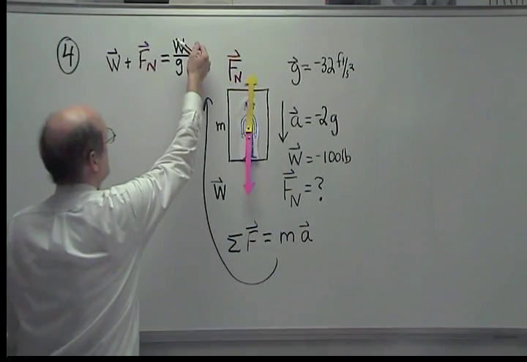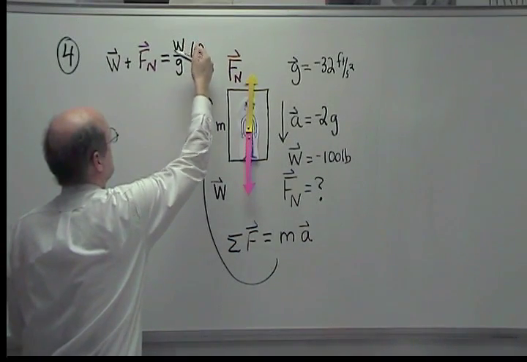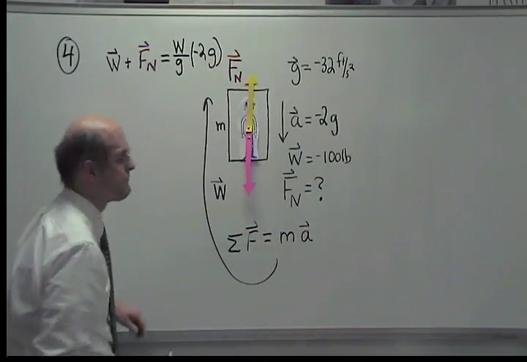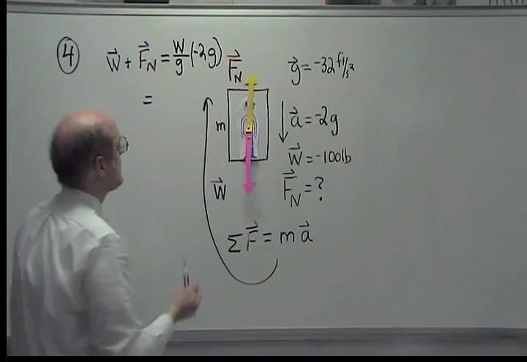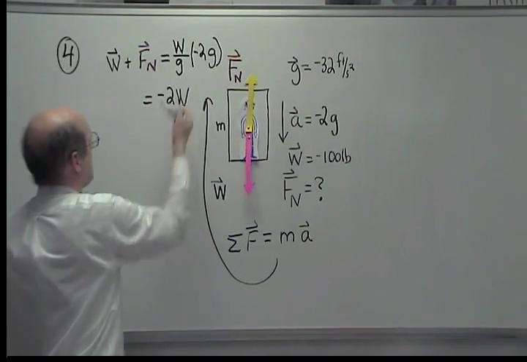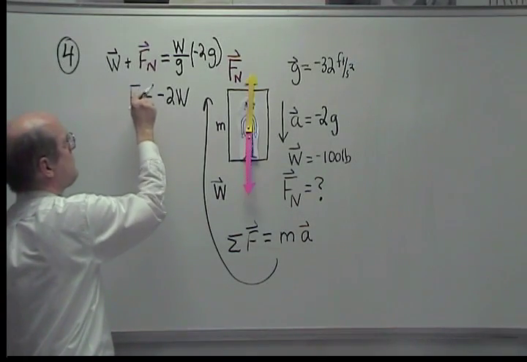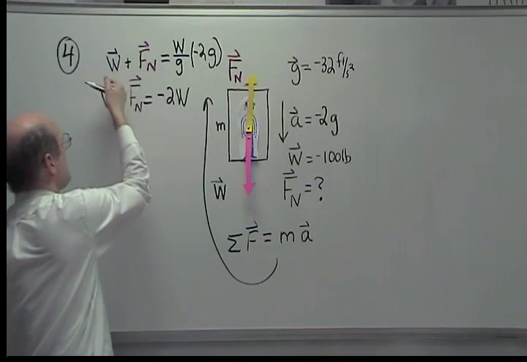Multiplied by the known acceleration, which is negative 2 times the magnitude of the acceleration due to gravity. So you see, the g's get kicked out of town. That leaves us with negative 2 weight, then is equal to the summation of the normal force and the person's weight vector.